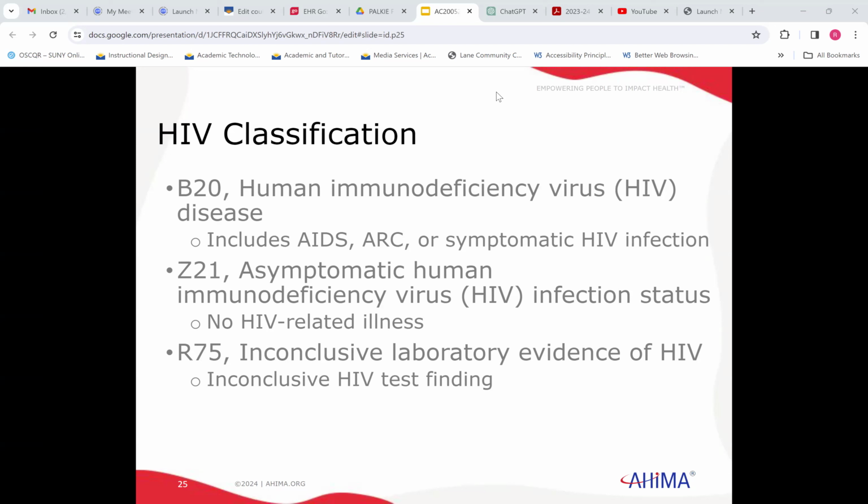B20, you have symptoms. So therefore, B20 and Z21 are always mutually exclusive. Likewise, R75, which is an inconclusive lab test for HIV, is mutually exclusive with asymptomatic or active HIV disease, active AIDS. So it's one of these three. It can't be two of the three or three out of three.